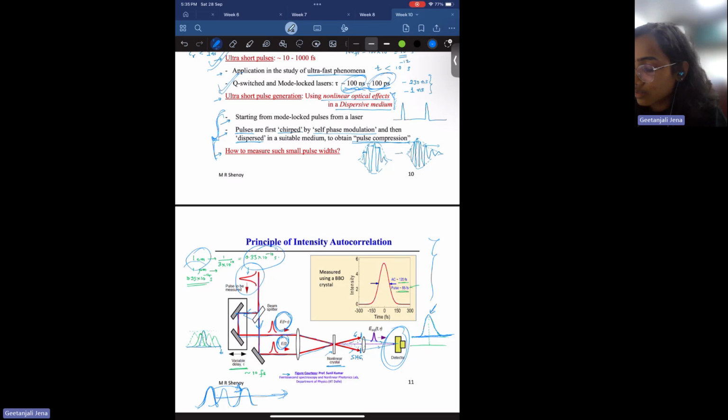But when you control the path length to the order of 1 micrometer, you can achieve femtosecond pulse detection. Okay, so this is all about week 10 content.